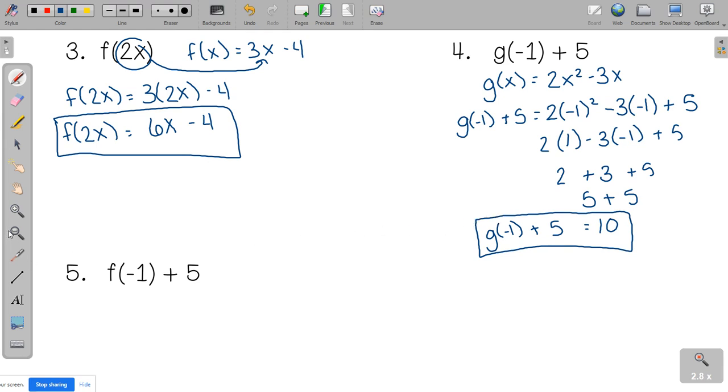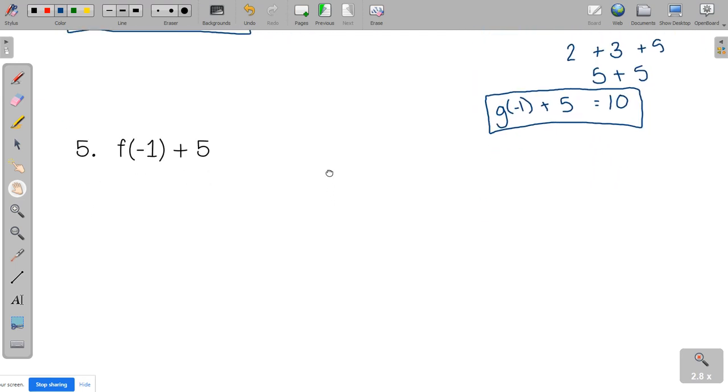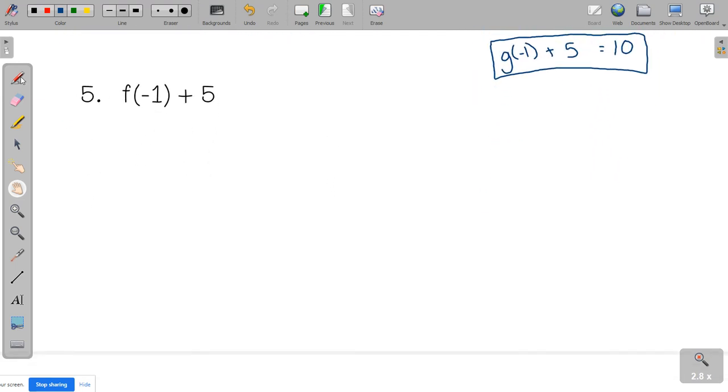The last problem here, we have f of negative 1 plus 5. So let's rewrite our f function. f of x is equal to 3x minus 4. We're going to do it the same way that we did the last problem. We're going to take the f function, substitute in negative 1, and then just add 5 to it.